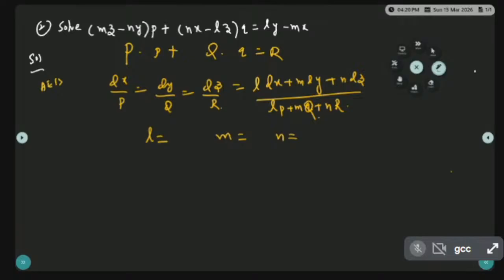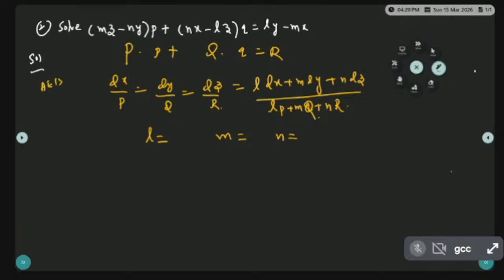Now it is our responsibility to make lP plus mQ plus nR zero with the help of l, m, n. In the last expression, what is the denominator?